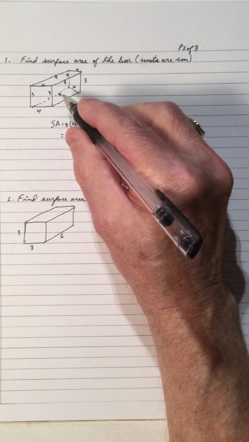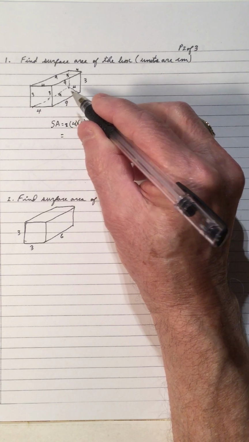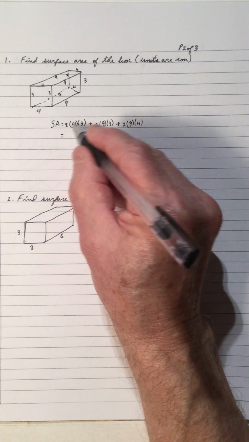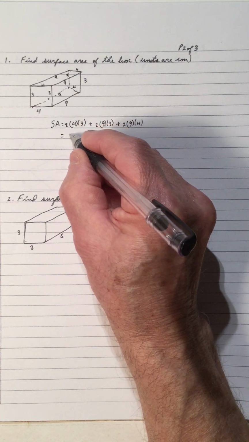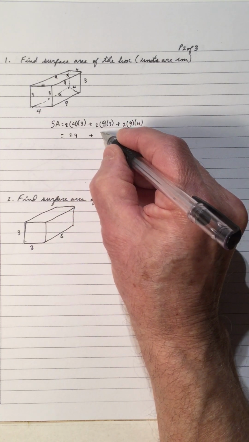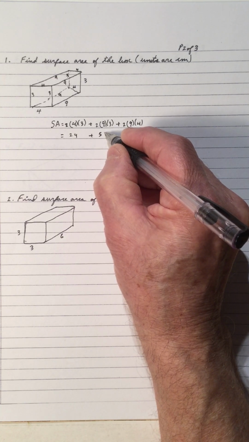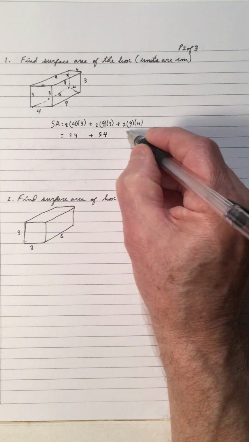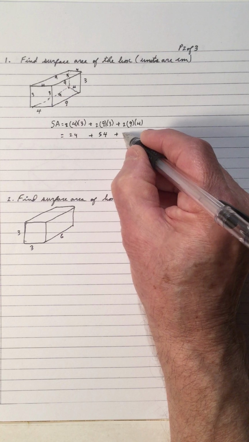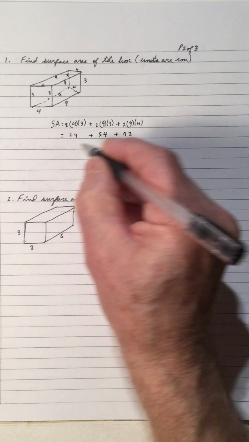So this rectangular solid has 6 faces, and so we double each. We worked them out individually, and we doubled them. So that's 12 times 2 is 24. 3 9s are 27, so 27 times 2 is 54, and 4 9s are 36, doubled is 72.